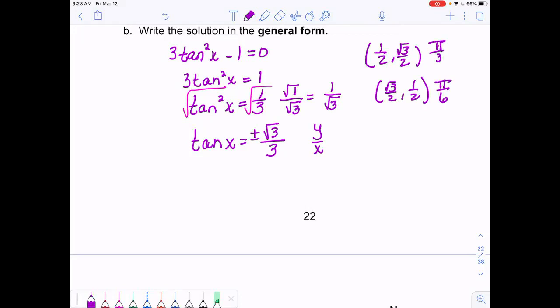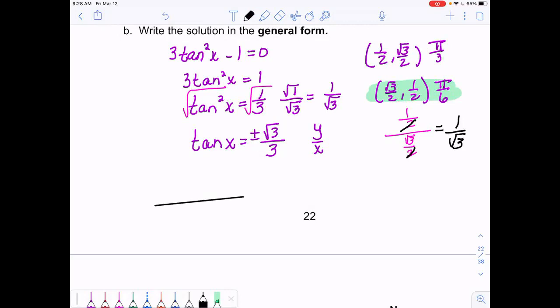If I have y over x, which one of those ordered pairs would make root 3 over 3? Yeah, it's going to be a pi over 6 angle because 1/2 over root 3 over 2. My 2's cancel and I end up with 1 over root 3, which is what we had before we rationalized. So my angle has to be pi over 6.